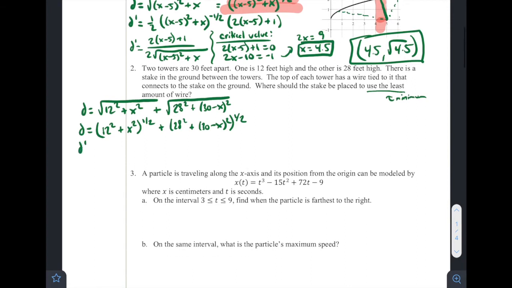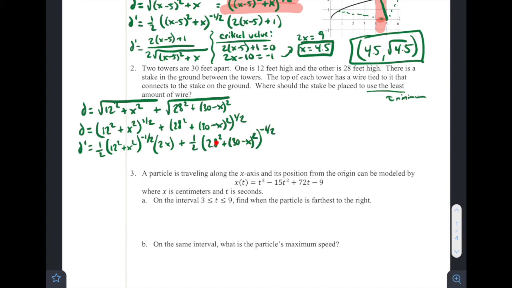So d prime by the chain rule is going to be 1/2 times 12 squared plus x squared to the negative 1/2 power times the derivative on the inside, so times 2x, plus, doing the chain rule here on this second piece, 1/2 times 28 squared plus 30 minus x squared to the negative 1/2 power times the derivative of the inside.